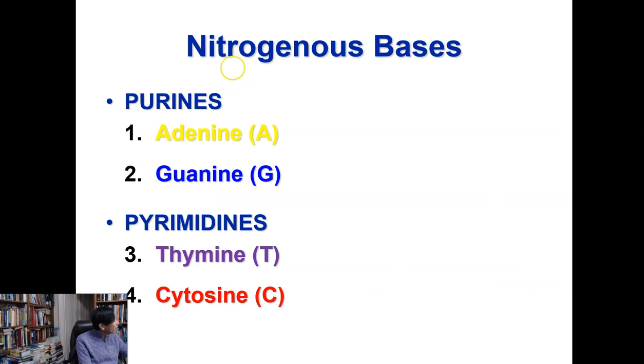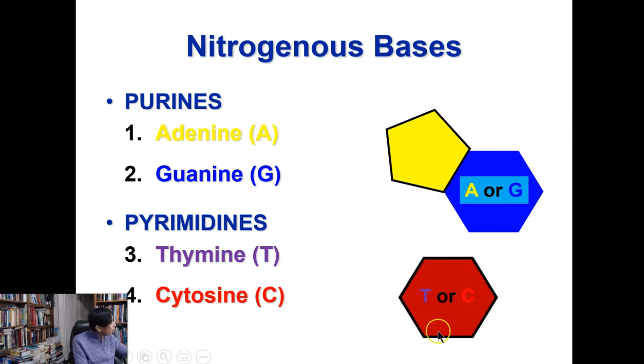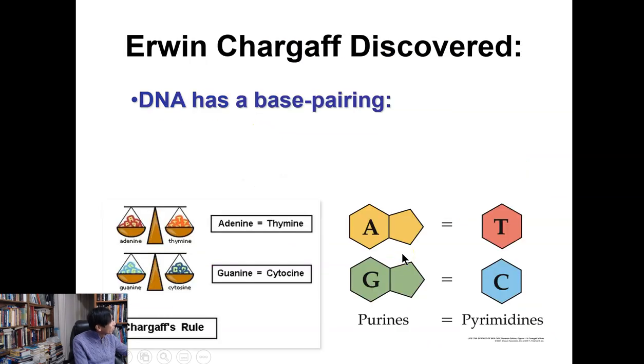Now, the nitrogenous bases fall into two groups. The purine group has adenine and guanine, which have two rings. The pyrimidine group has thymine and cytosine, which have one ring. So adenine pairs with thymine, and guanine pairs with cytosine.